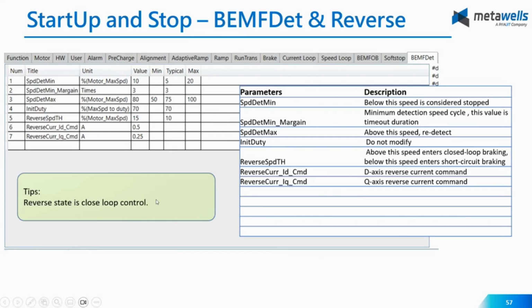For most parameters, because this function is more difficult, and in some applications we usually don't need to use the reverse function, I recommend using the typical values provided in the GUI, like the typical values for speed detect minima, speed detect maxima, initial duty and the reverse speed threshold.